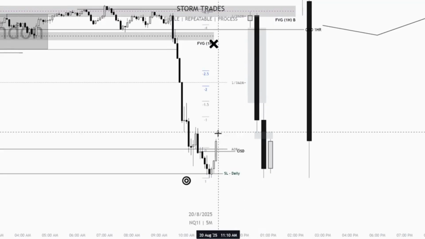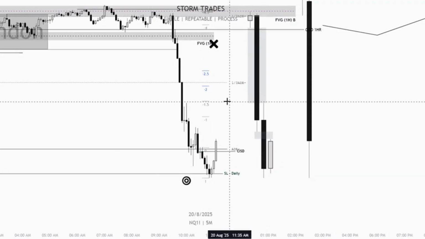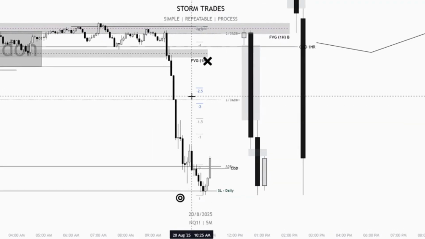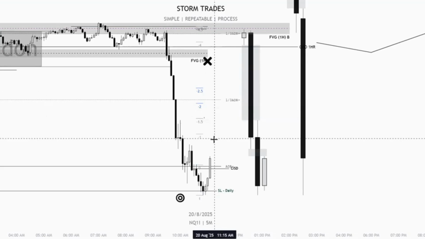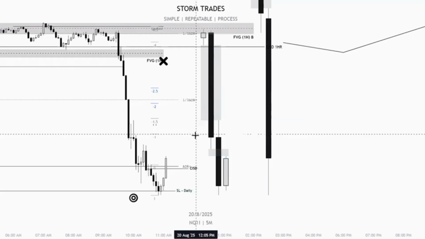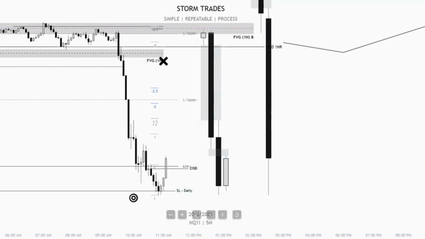So I'm going to draw out a fib from the swing low to the swing high. Do we have any liquidity that matches up with the 1.1 to 1.5 standard deviation and the -2 to -2.5? We do.